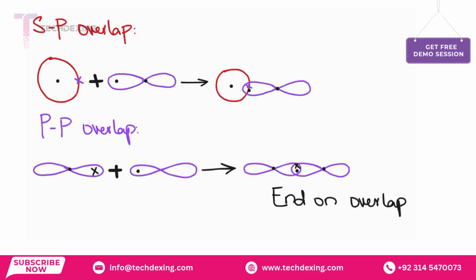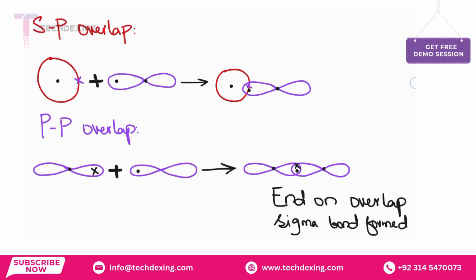And when the two p orbitals undergo the end-on overlap, it would lead to the formation of a sigma bond, right? So a sigma bond is formed between the two orbitals by end-on overlap. Got it?